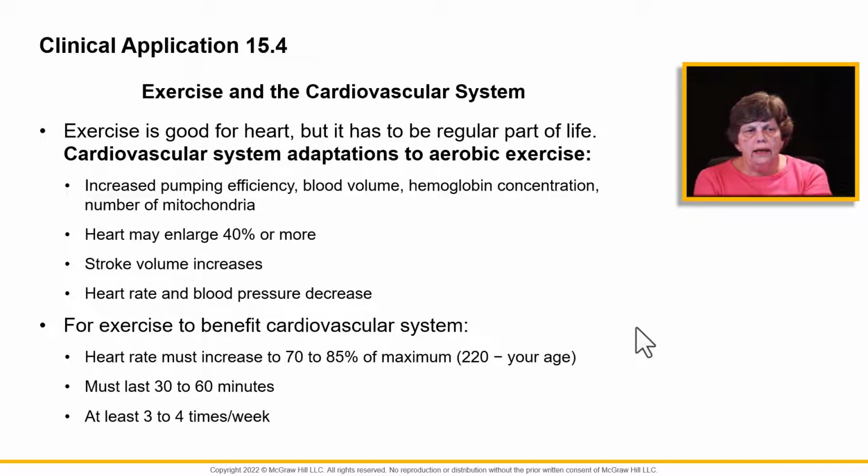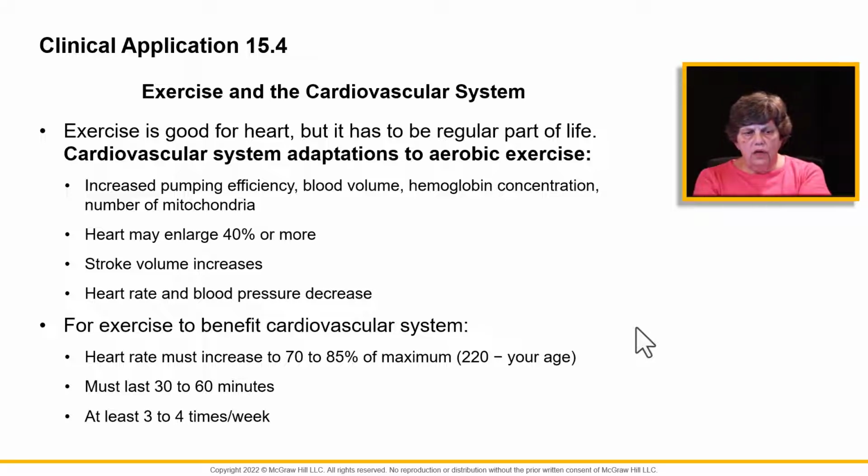So, exercise is good for the heart. It has to be a regular part of life. The cardiovascular system will make adaptations to aerobic exercise. Again, you can see the things that will happen. The stroke volume increases, the heart may increase, hemoglobin concentration increases, blood pressure decreases, heart rate decreases.